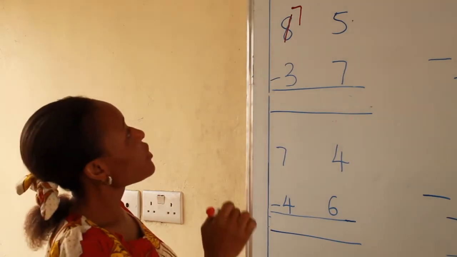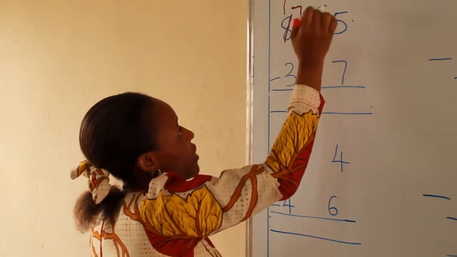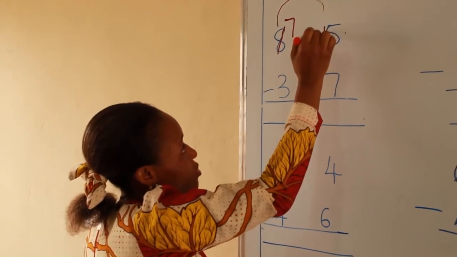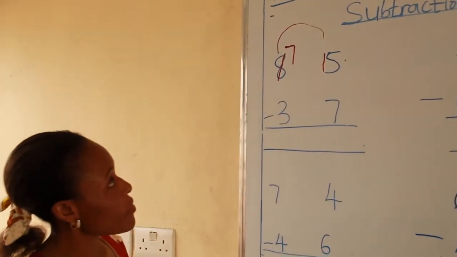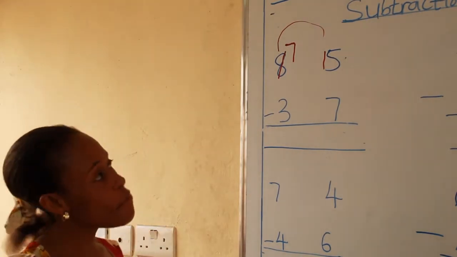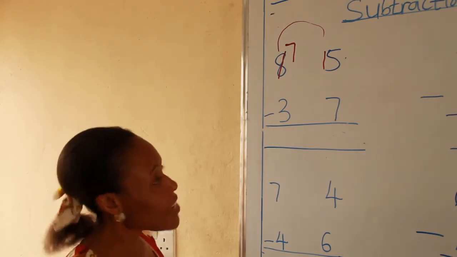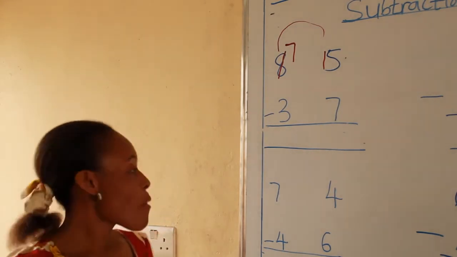And so, the number you've borrowed, you take it over and add it to number 5. And number 5 becomes number 15.